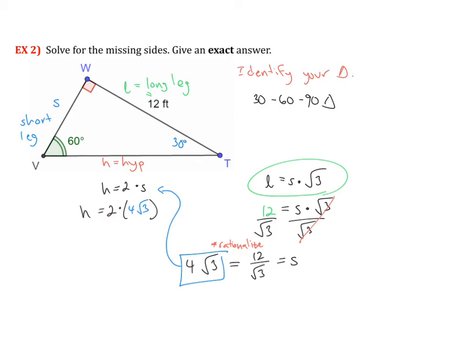Because 2 and 4 do not have the square roots, I cannot combine them. But I can multiply them with each other because they're both whole numbers. So what I get for H is 8 times the square root of 3. And that right there is the other missing side. So I solved for H, it's 8 times the square root of 3. And I solved for S, which is 4 times the square root of 3.